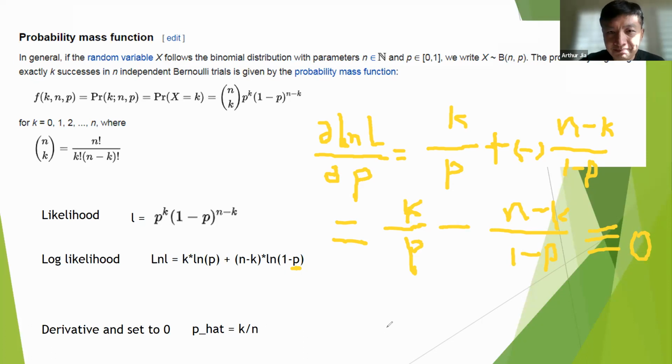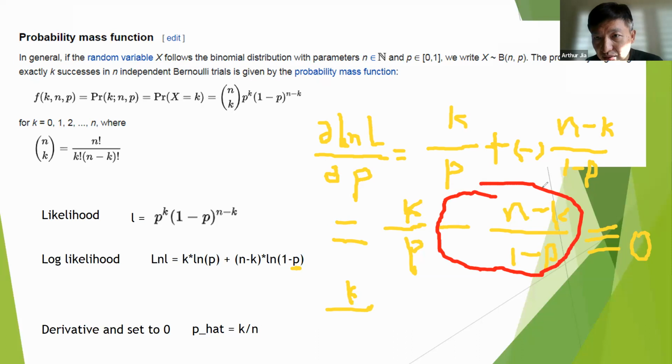If you move this part to the right-hand side, you will get K over p equals N minus K over 1 minus p.